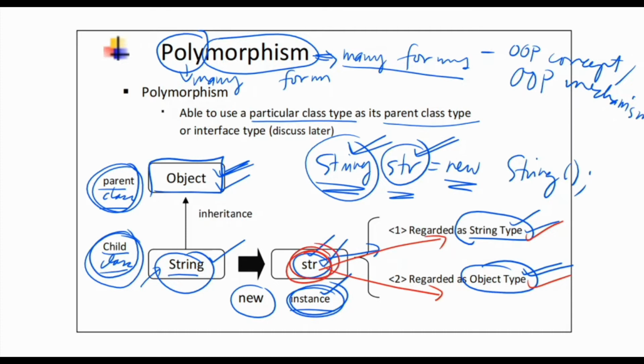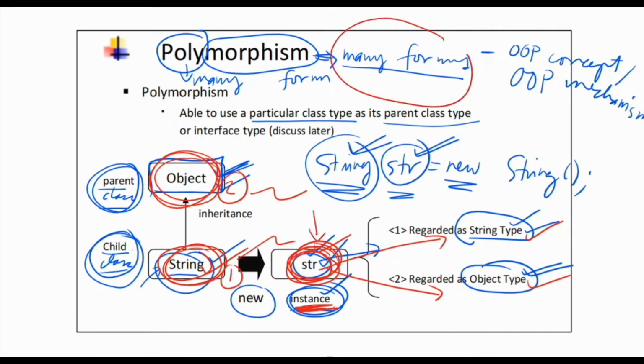Since str's direct class type is string, and string is a child class of object, therefore any instance of type string can also be of this type. So str has two class types, string and object. Since str has two class types, it's like str has many forms. So this is how polymorphism is employed in OOP.